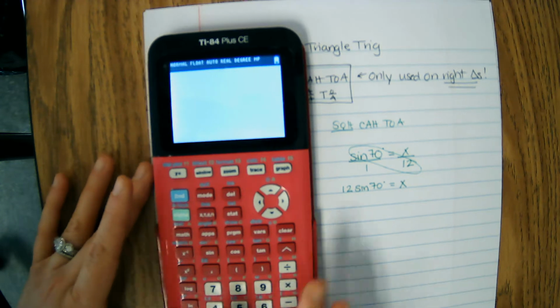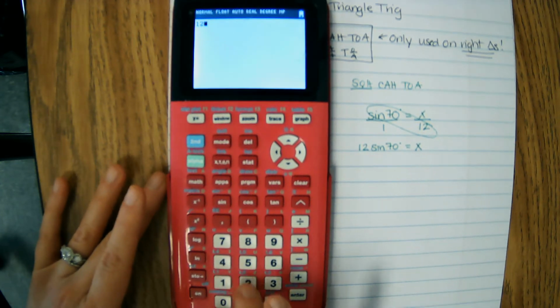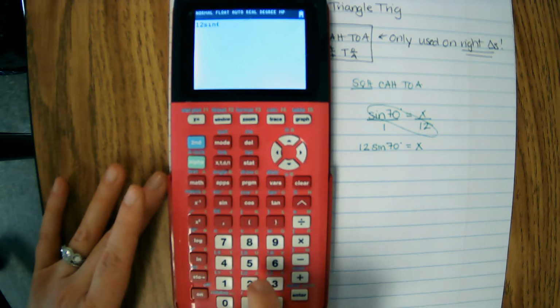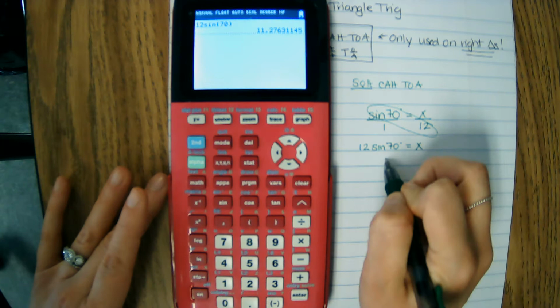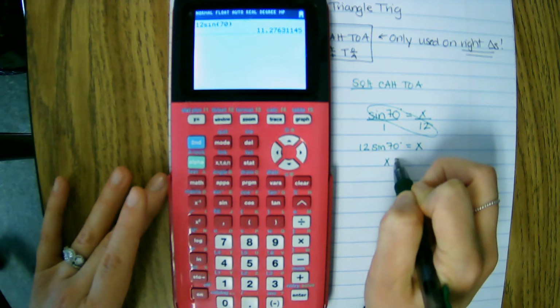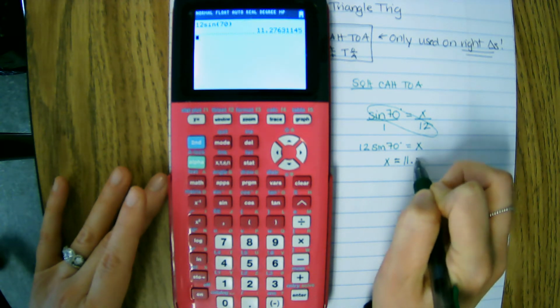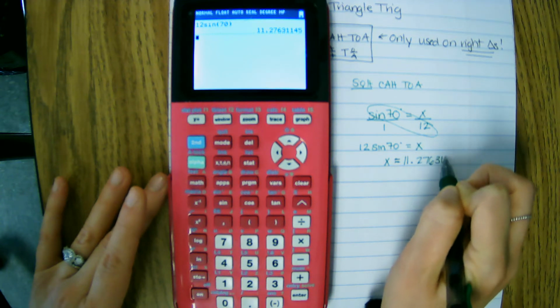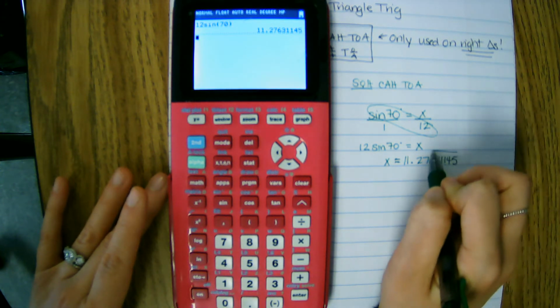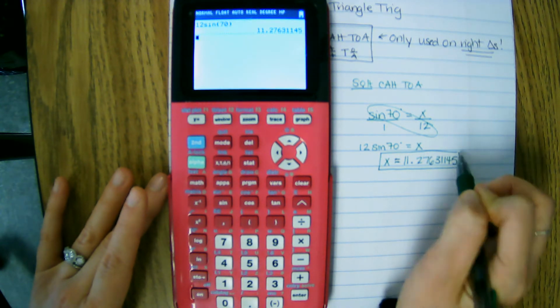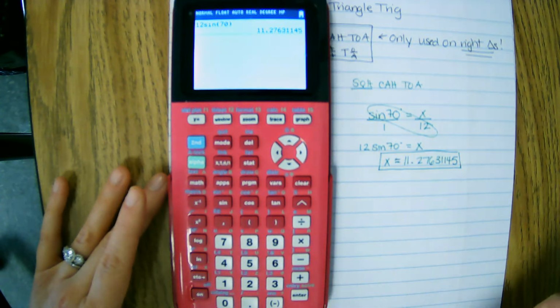And now I'm going to type in 12 times sine of 70. I'm in degree mode, so I don't need to put a degree symbol. And then I just write out my entire decimal here. So that's actually approximately 11.276311145. And it did not say to round, so I'm just going to leave that as my final answer. Just write out the entire decimal that I see in my calculator.